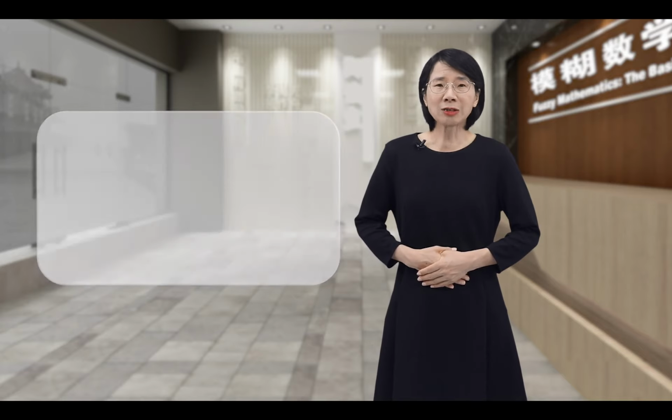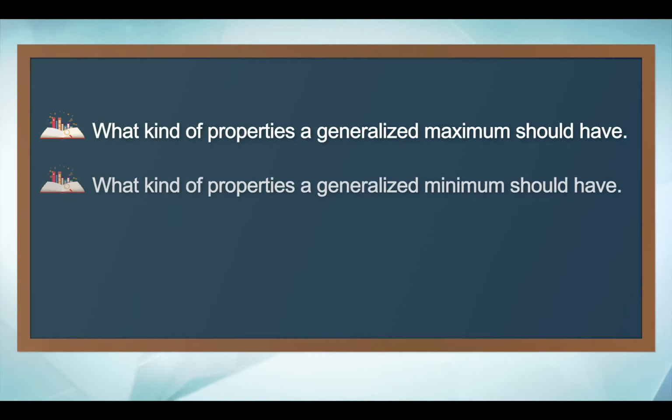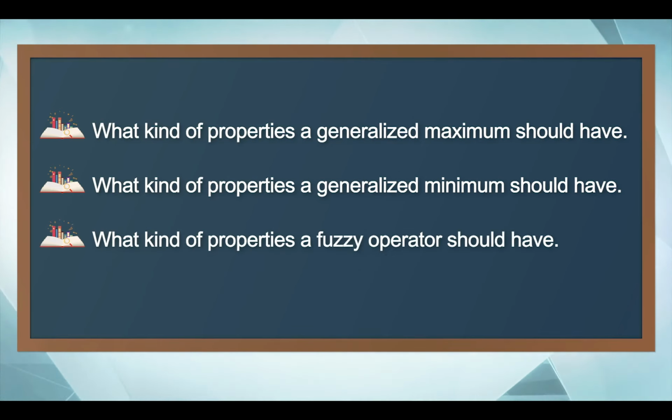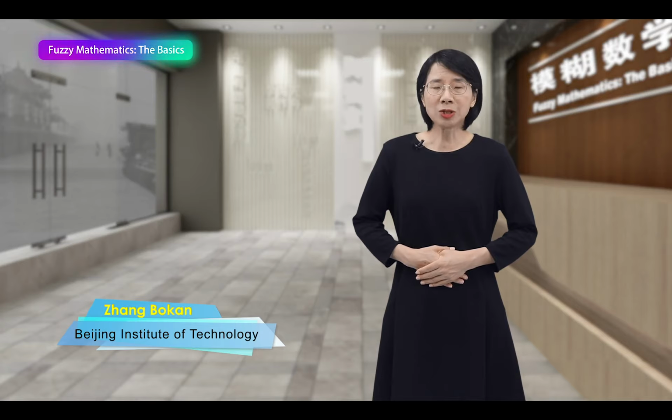We are going to find out what kind of properties a generalized maximum should have, what kind of properties a generalized minimum should have, and what kind of properties a fuzzy operator should have. That's what we are going to do in this lecture.